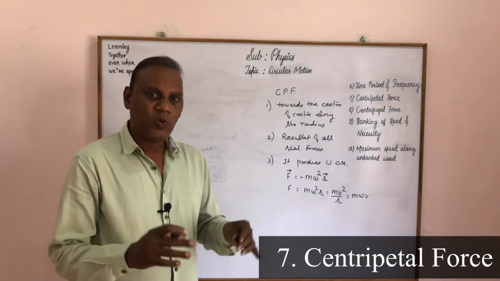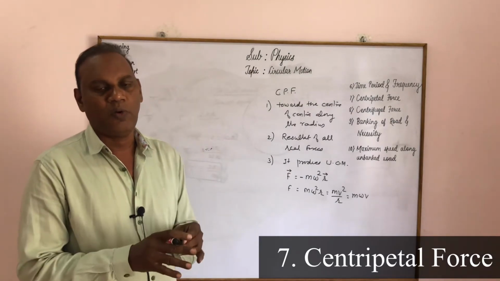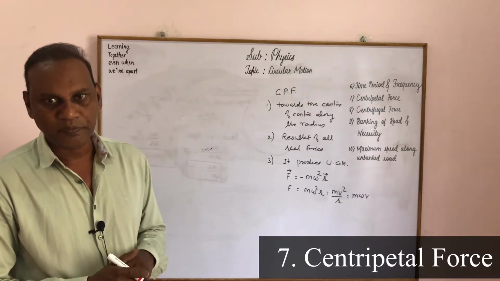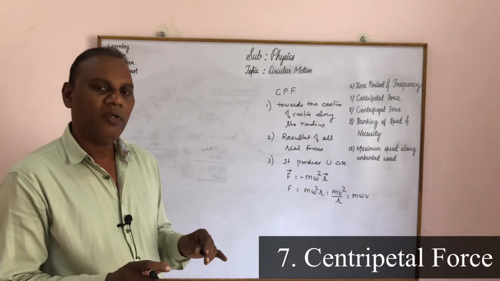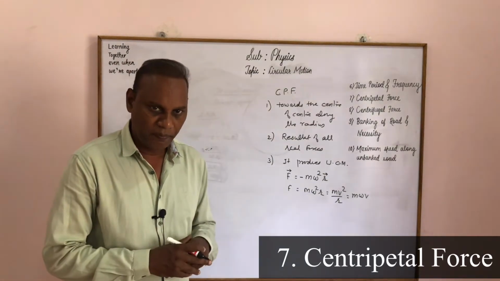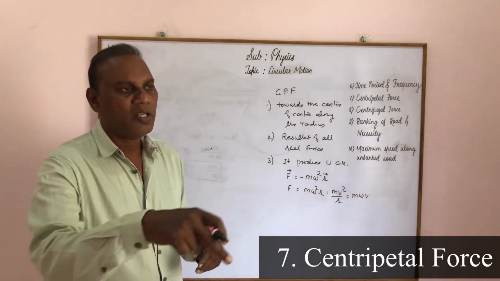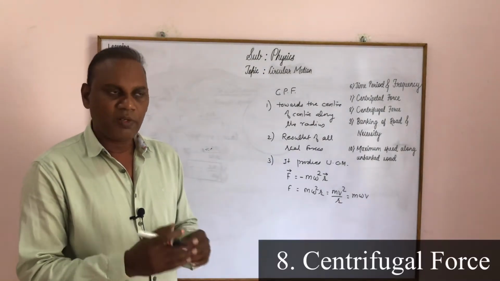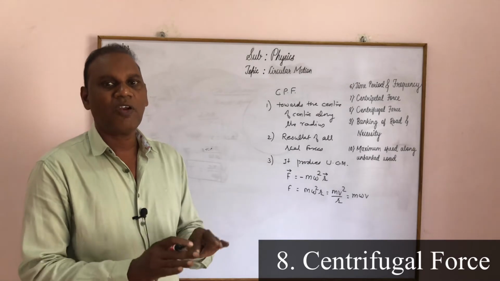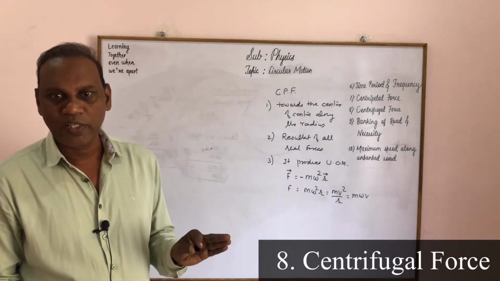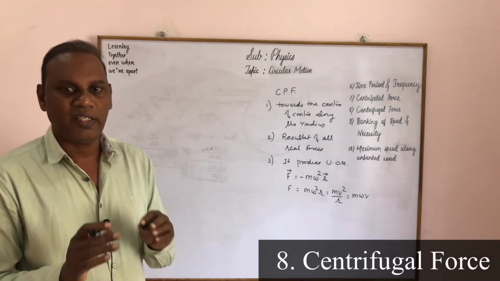Visualize you are on a merry-go-round rotating uniformly. The merry-go-round performs a circular motion, but we feel that we are not performing circular motion and we are only at rest.